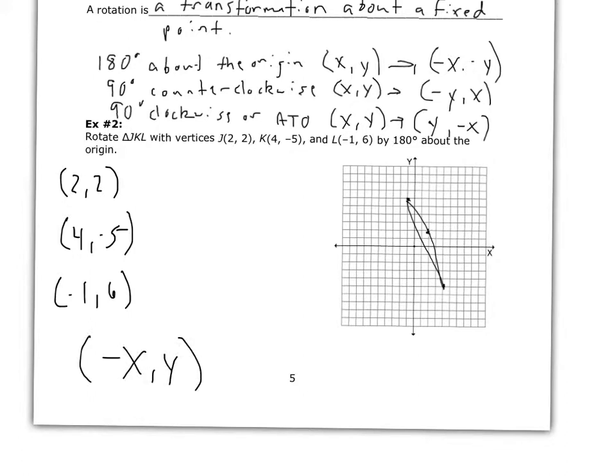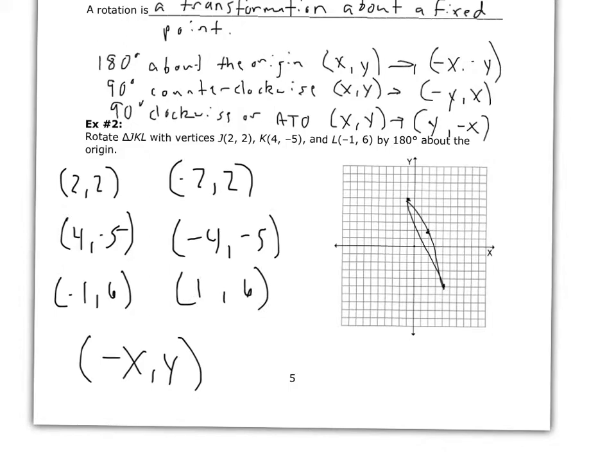So basically we're just changing each coordinate to its opposite. Okay, so from 2, 2 we would become -2, -2. From 4, -5 we would become -4, 5. And lastly, -1, 6 becomes 1, -6.